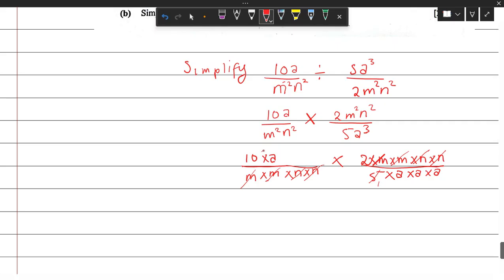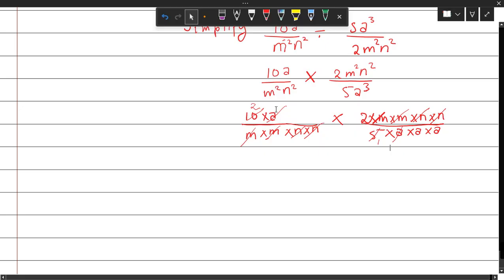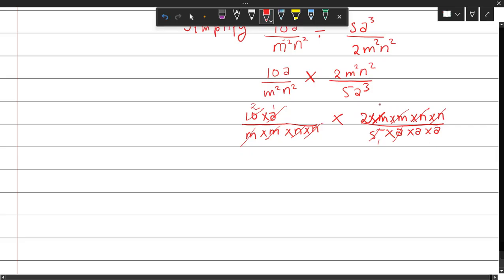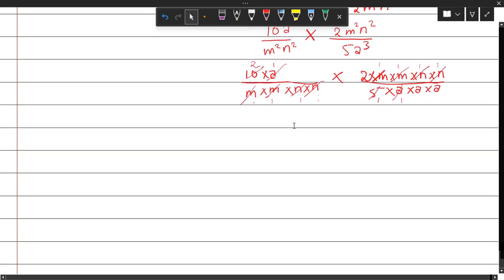5 into 5 is 1. 5 into 10, we have 2. So we have a, which we can cancel with 1a. When you cancel a number or a letter, what remains is 1. Wherever we cancel, you are left with 1. So here it is 1, 1, 1, 1. Here there is 1 as well. Even here 1, 1, 1, 1. Now we multiply everything on the top.